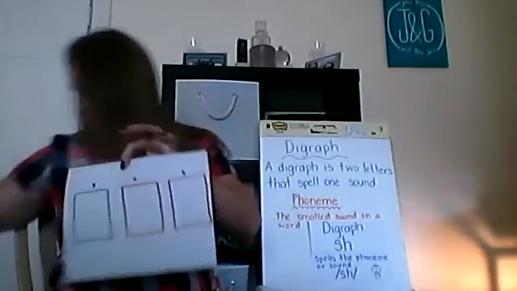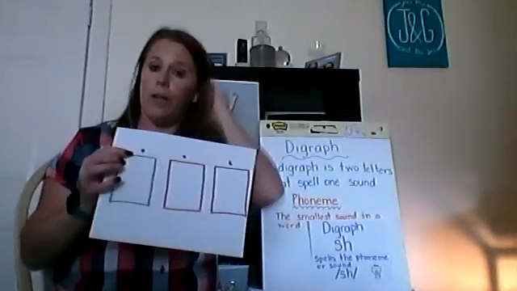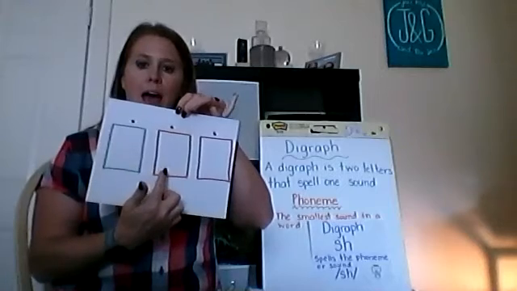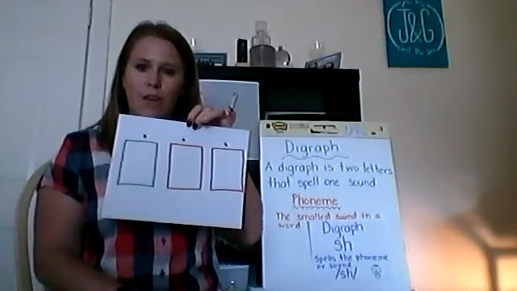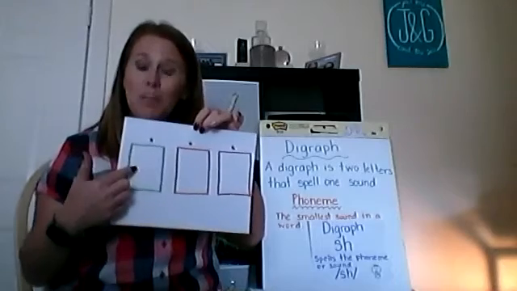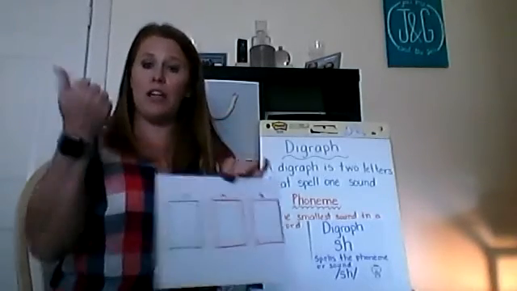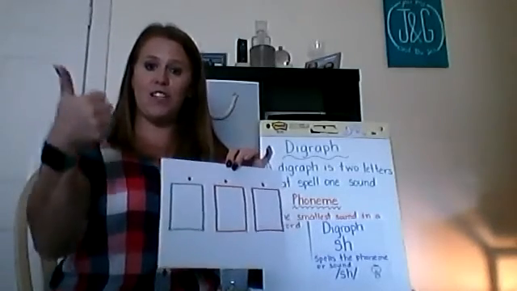Okay, so let's try it one more time and see where is that sh sound in the word shed. Sh, d. Where did you hear that sh sound? Yeah, it's at the beginning, that first box there. So we hear it when we say sh, d. Sh is that first sound.